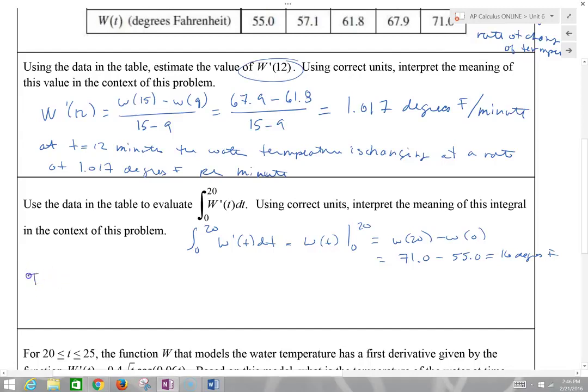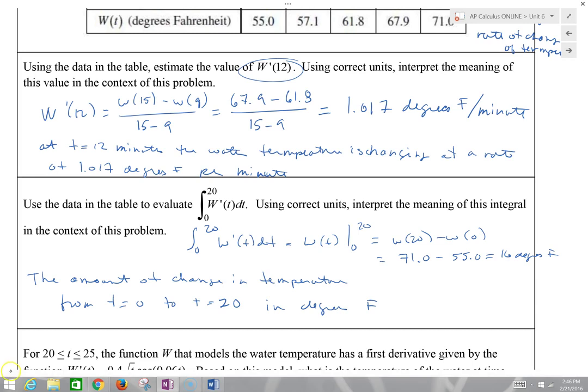This is the amount of change in temperature from t equals 0 to t equals 20, in degrees Fahrenheit.